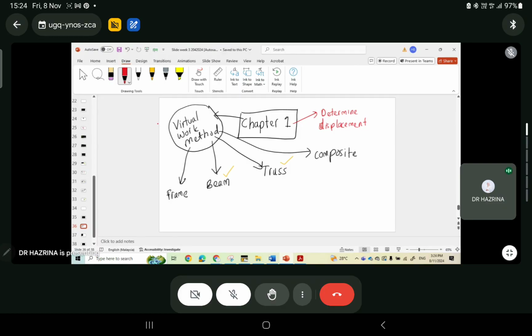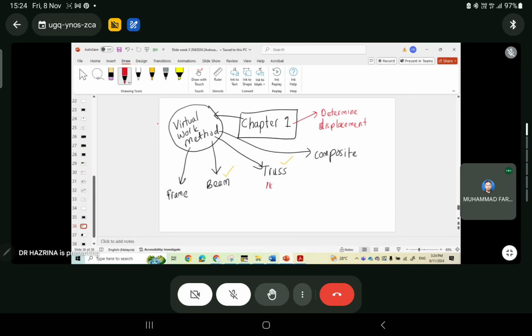So to find the truss systems, so we have n equations. So can one of you tell me what is the equation to determine a displacement for a truss structure? Anyone? Come on. Hello?